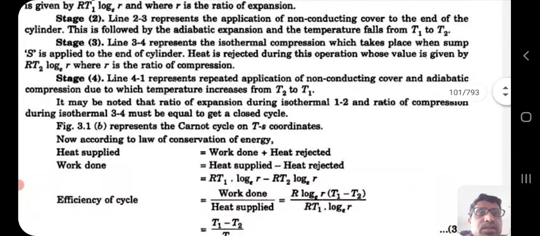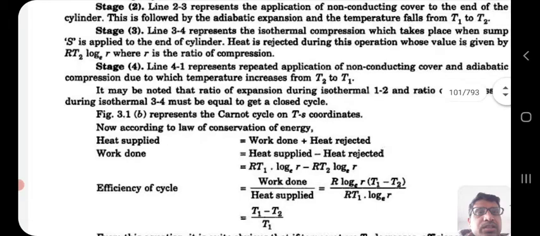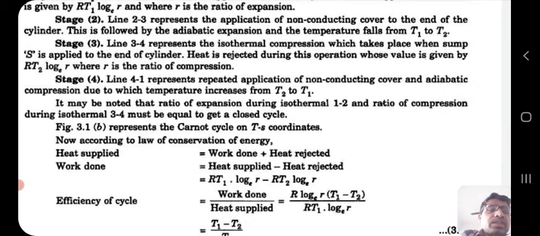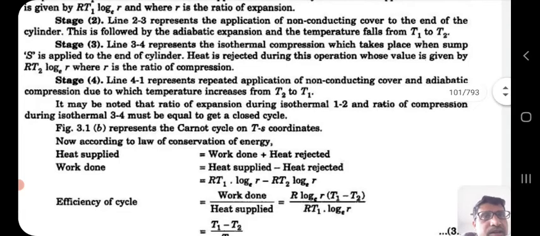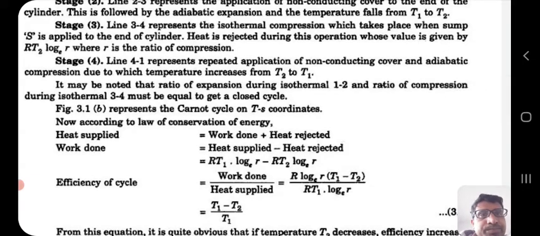Stage 2, line 2-3 represents the application of non-conducting cover to the end of the cylinder. This is followed by adiabatic expansion and the temperature falls from T1 to T2. Line 3 to 4 represents the isothermal compression which takes place when sink is applied to the end of the cylinder.